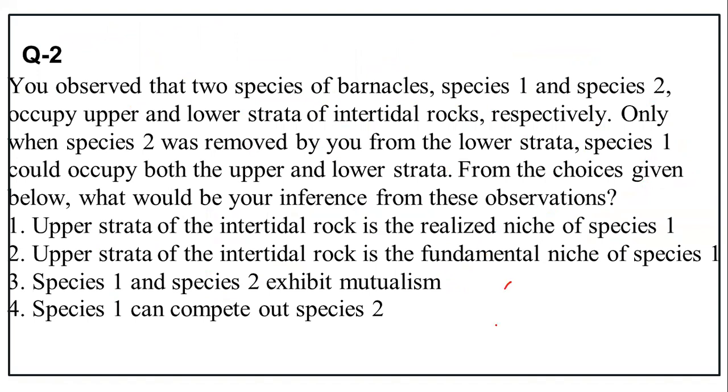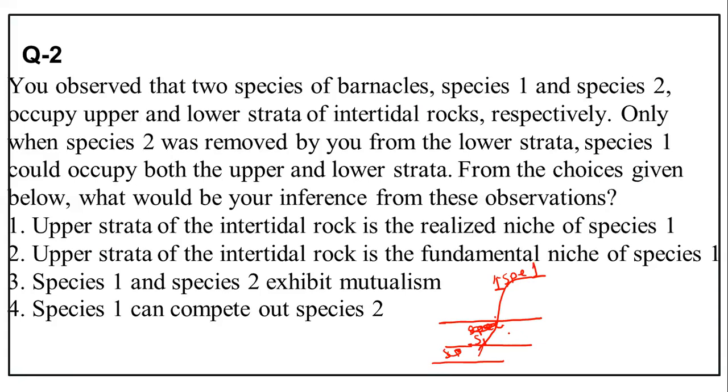Species 1 is occupying the upper strata and species 2 is occupying the lower strata. These are the ocean, so these are species 1 and these are species 2.